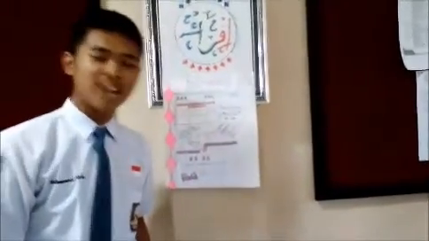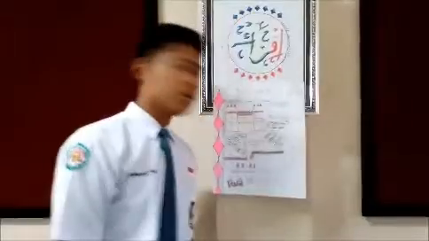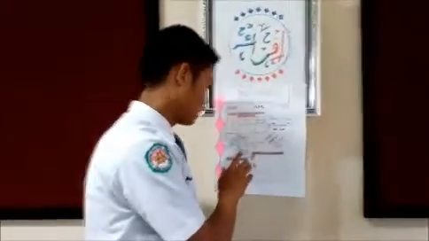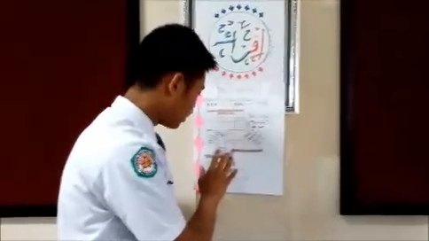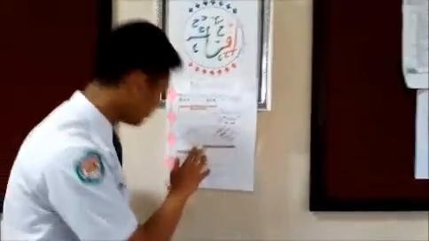Now, I will explain the degree of a polynomial. A polynomial consists of some monomials. So, to find the degree of a polynomial, we have to find the degree of each monomial. After that, we compare the degrees of the monomials in every term.